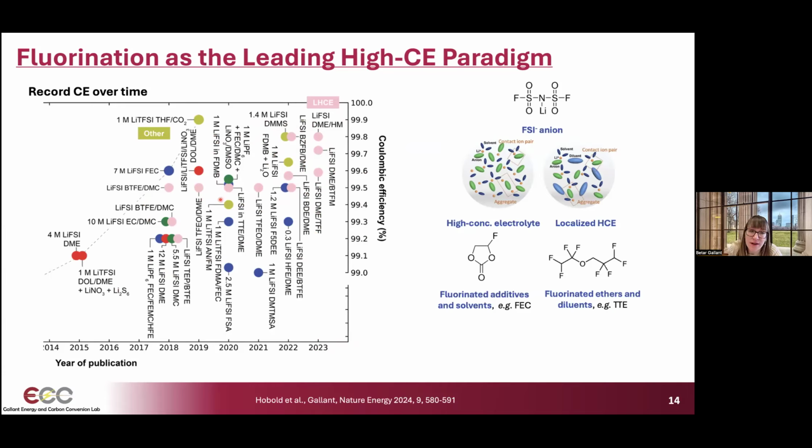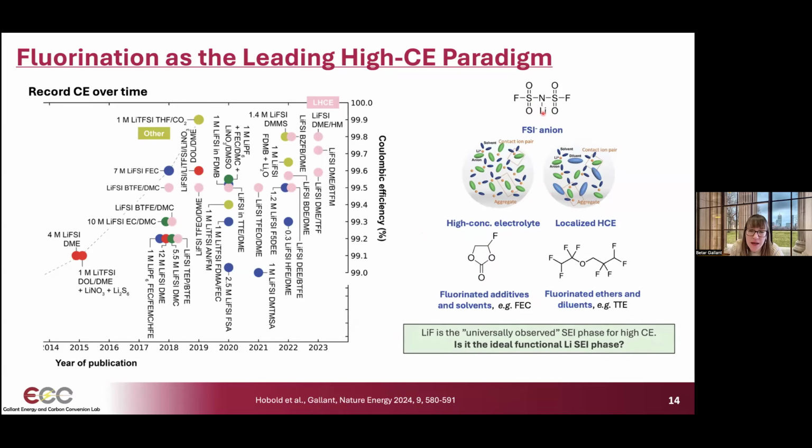What you'll notice if you look at all of these acronyms is that we're effectively almost always relying on lithium FSI as the high performance salt, and additionally on highly fluorinated electrolyte constituents. So that includes fluorinated additives and solvents, and fluorinated ethers and diluents. We also rely on electrolyte design strategies, either high concentration or localized high concentration, that promote effective ion pairing of the FSI in most cases with lithium, which promotes its reactivity.